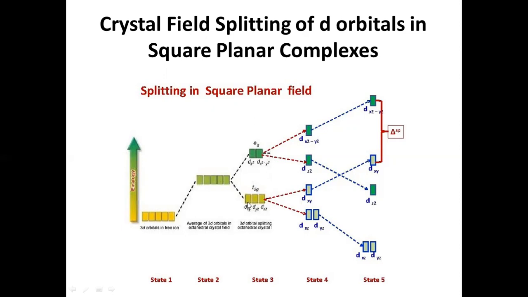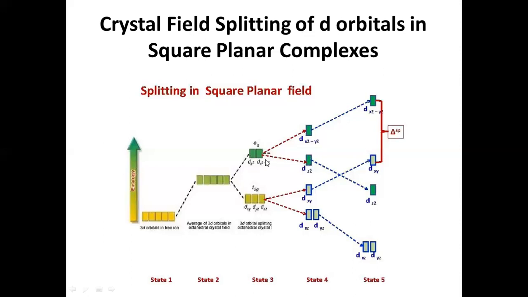Now, in a square planar complex, the ligands above and below along the z-axis are removed. When they are removed, the z orbitals automatically reduce in energy. When there are no ligands on the z-axis and only a square is formed, the z orbitals will reduce in energy.